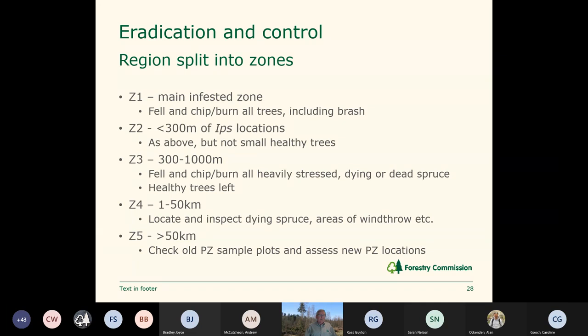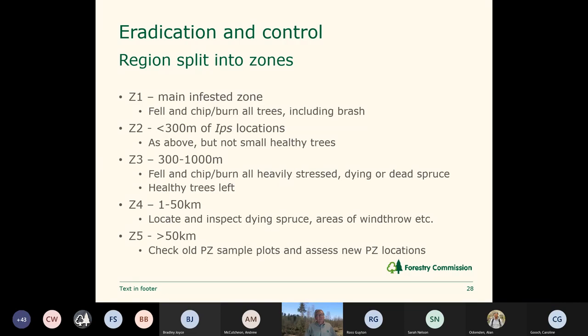And then there's an ongoing survey program which is recording, looking and surveying spruce, initially up to the extent of the 50k demarcated zone, but then a much wider ongoing program through different surveillance techniques.